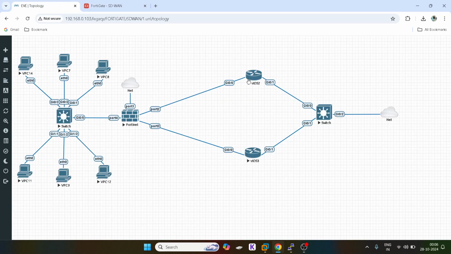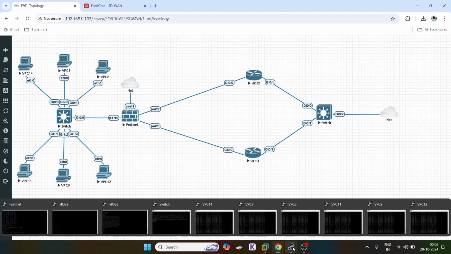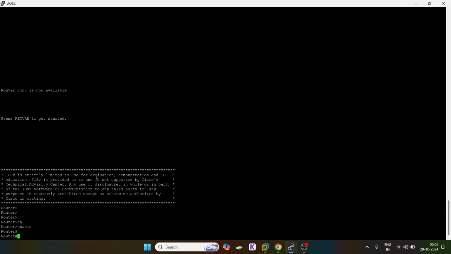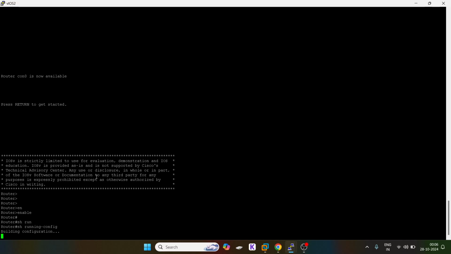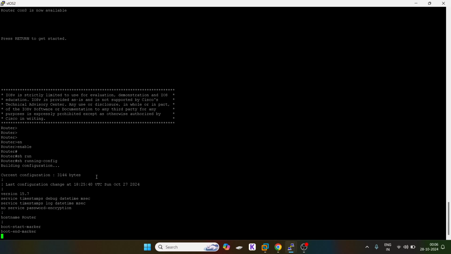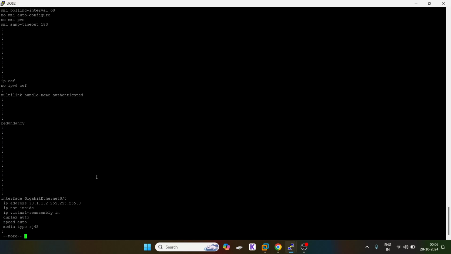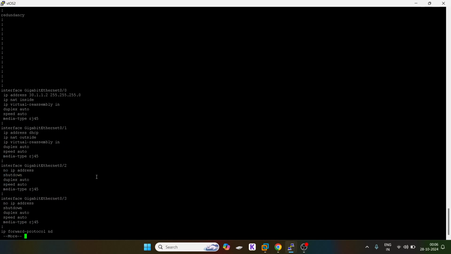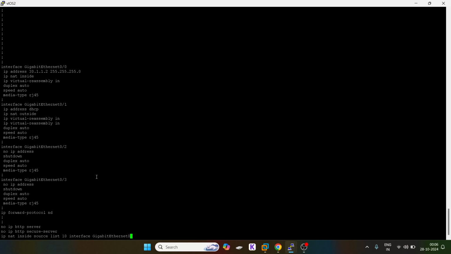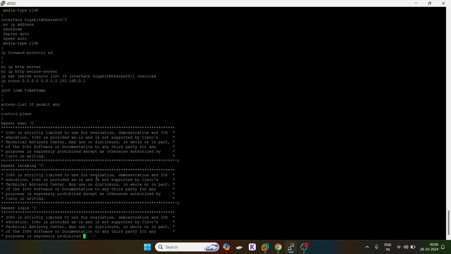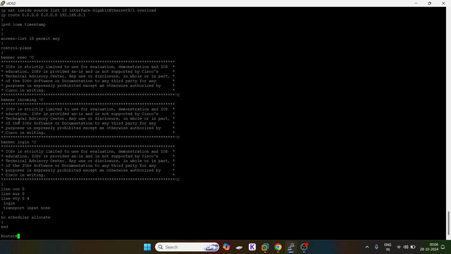But let me check why there is packet loss here. Ideally, in a lab environment, there should be no packet loss. I think this router is misbehaving or something like that. Virtual reassembly, everything is fine. Load, fine, correct.